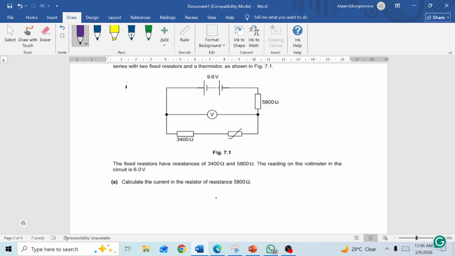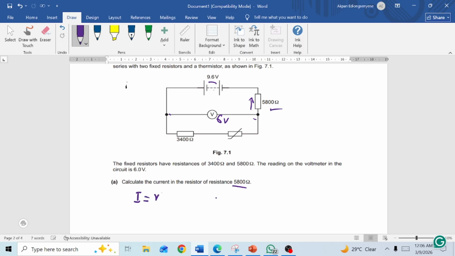Well, this has to do with connection of resistors. If you don't understand this question, check my video on resistance. You will get it. Since it is part of the previous one, let me just answer it at once. Because this is EMF 9.6 and this is connected here and it is 6 volts, we can find the voltage that will pass here. The question is calculate the current in resistance 5800, which is this one.